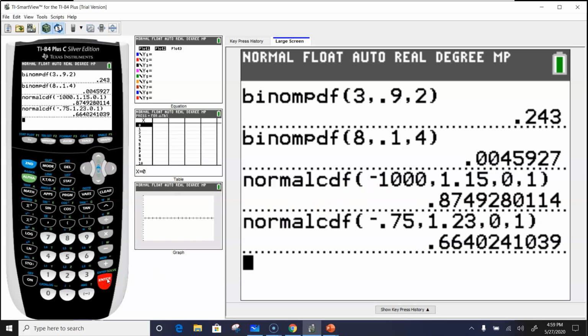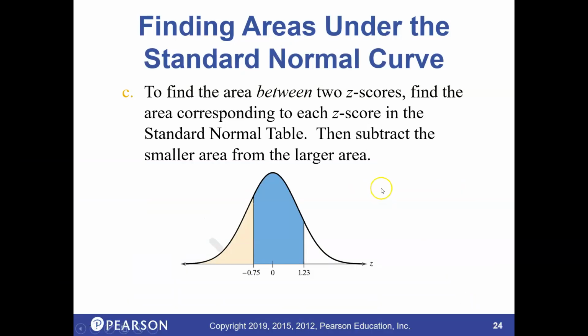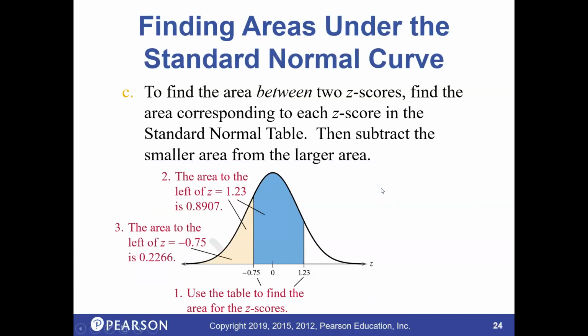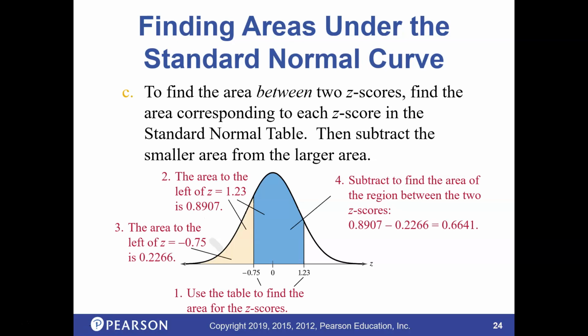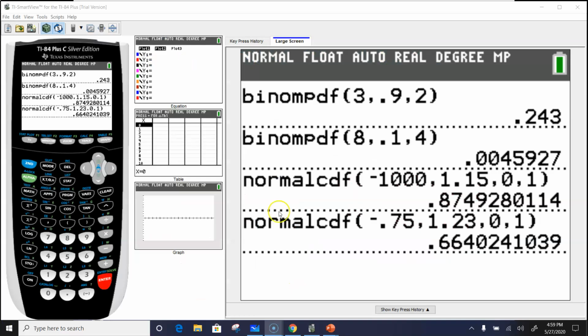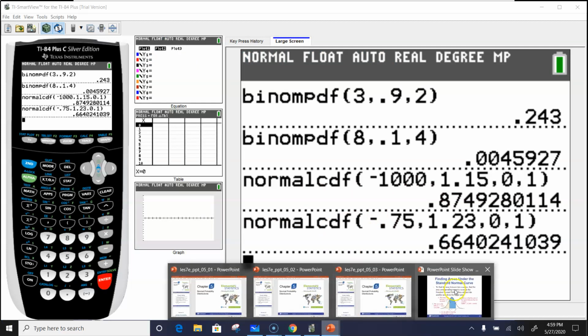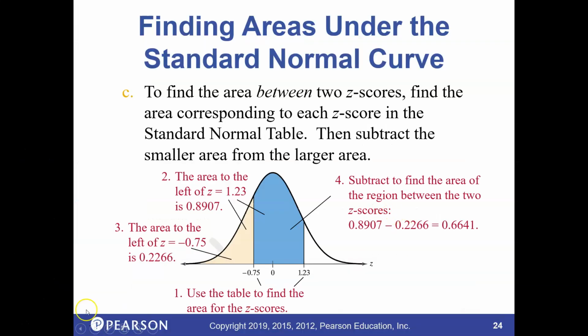And I don't have to look anything up on a table. I just get that area right away directly without having to dig through a table and subtract values. See, they're going to find 0.8907, 0.2266, and then subtract the two of them to get 0.664, which we got right away. So we get 0.664 right away with the calculator. No need to subtract 4-digit decimals.